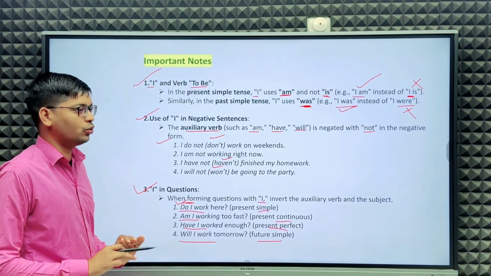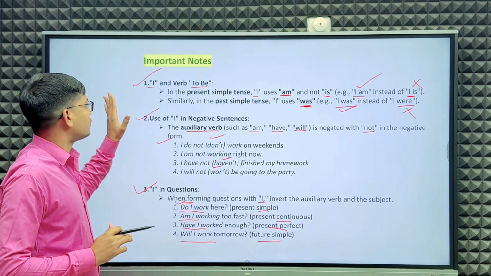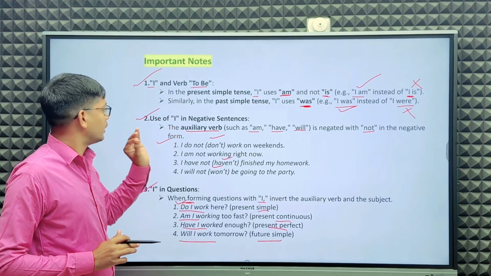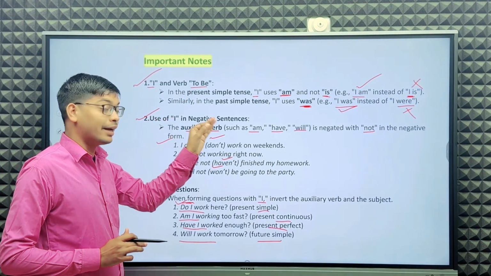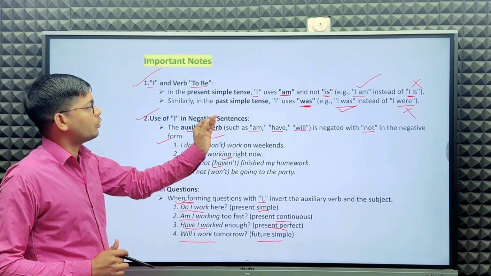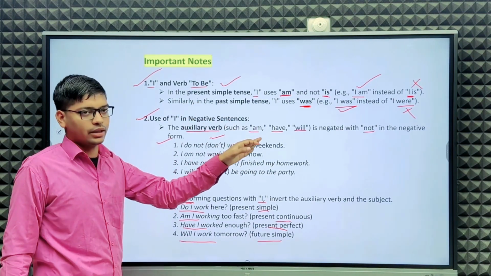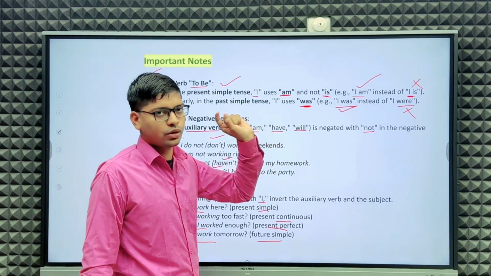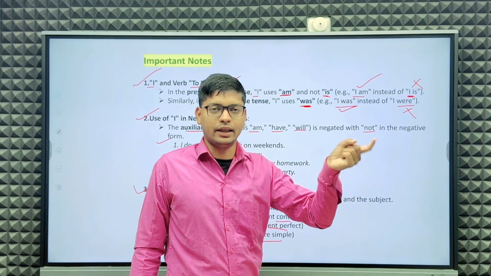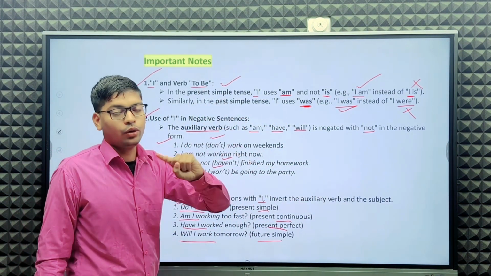So I think you understand this concept: I and the to be verb, I in negative sentences and I in questions. The main difference is between present simple and past simple: in past simple we use was with I, and in simple present we use am with I, not is.